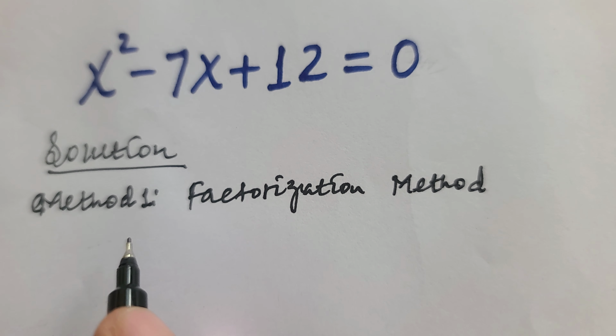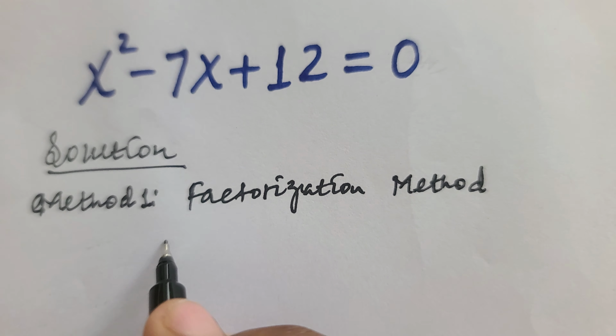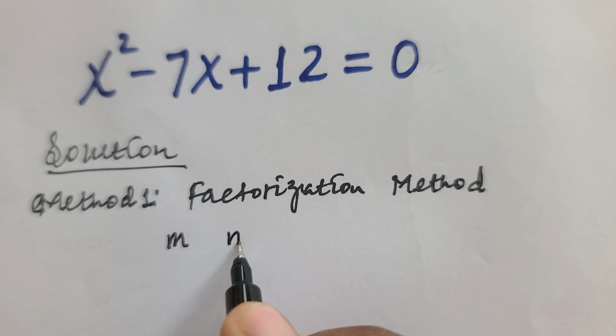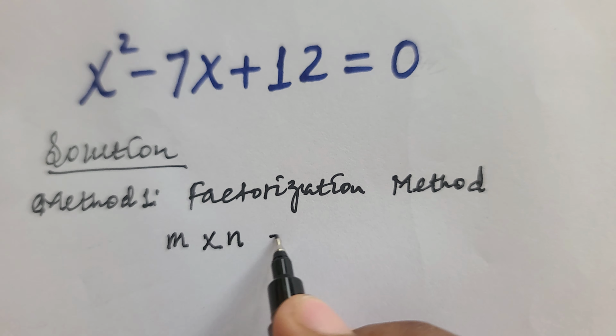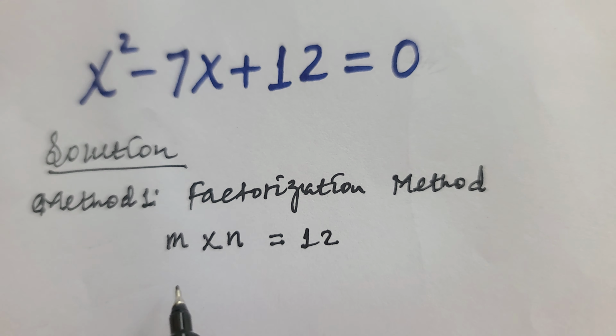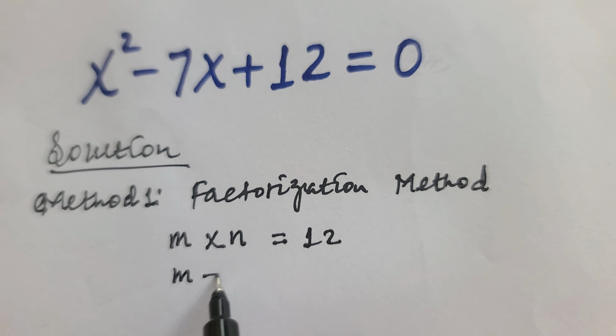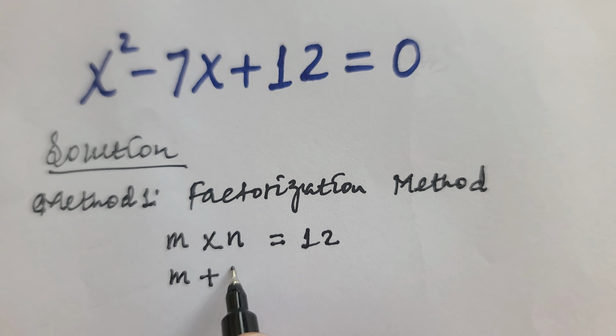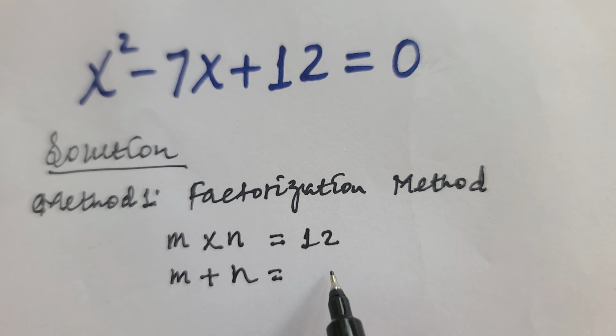In order to evaluate this using the factorization method, first we have to think of two numbers, let's say m and n, whose product is c, which is 12, and whose sum is b, which is minus 7.